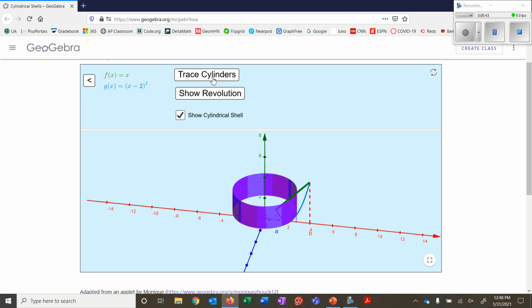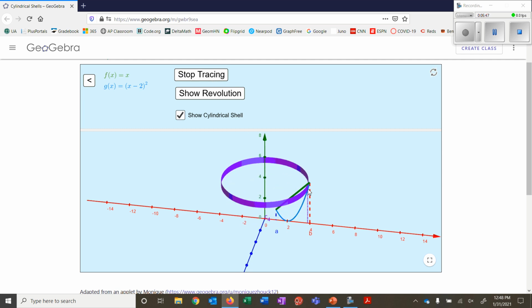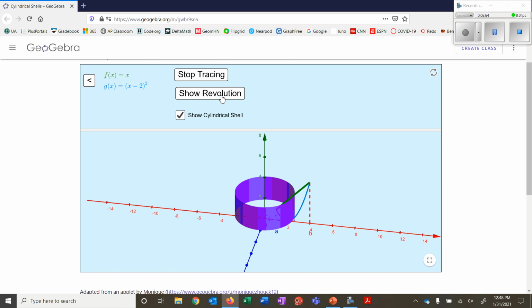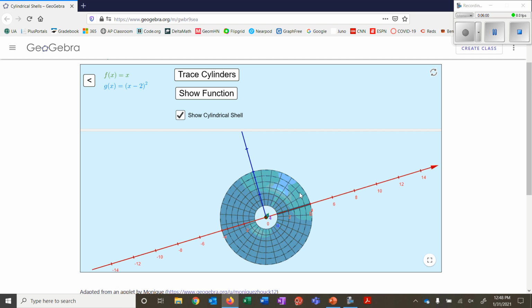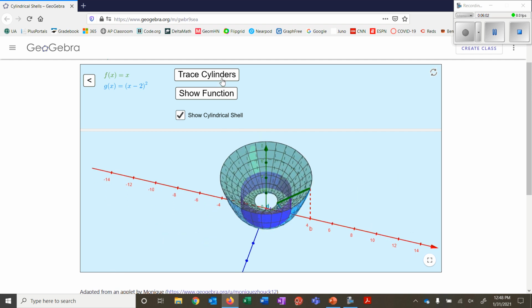And as it's moving, I get shells of different sizes, but notice they're all hollow cylinders. So that's why we're calling them shells. So then when I get all of them together, I get my solid shape. I can keep having it trace the cylinder throughout this shape to get the idea that I'm pressing down with like a cookie cutter to get each shell.